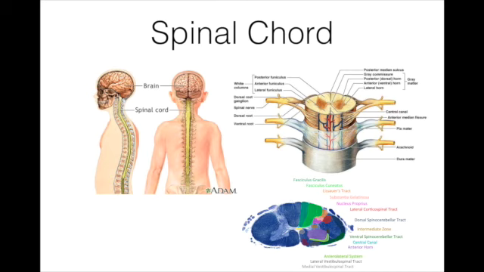There are also motor tracts, as you know, where information will come out of the spinal cord via the ventral root to join the spinal nerve. But we won't be considering those here.